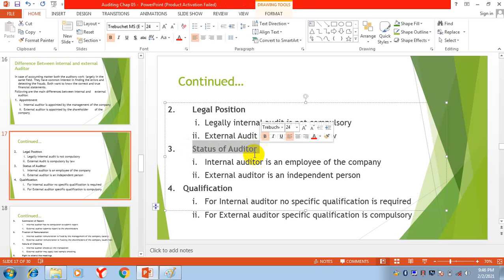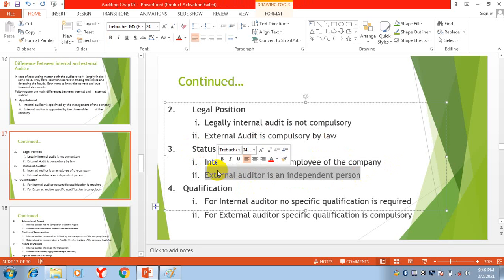Status of auditor. Internal auditor is an employee of the company. An external auditor is an independent person. So their status is also different.